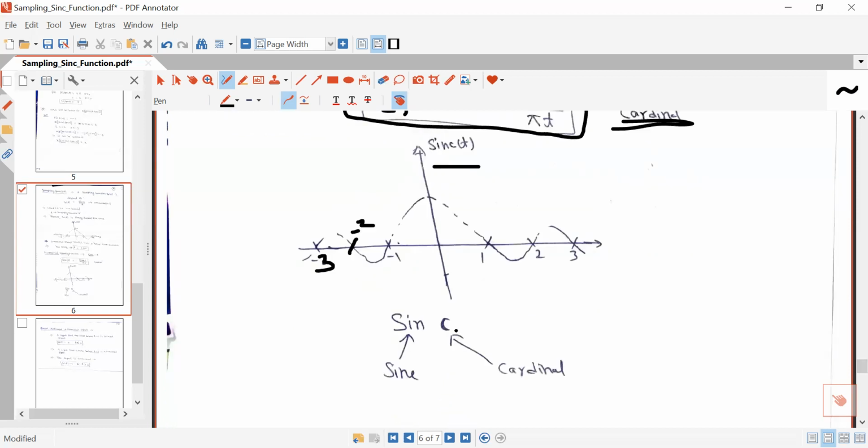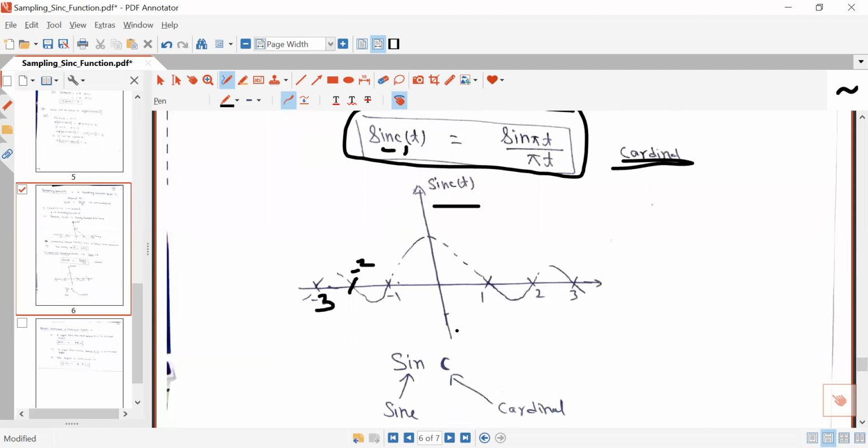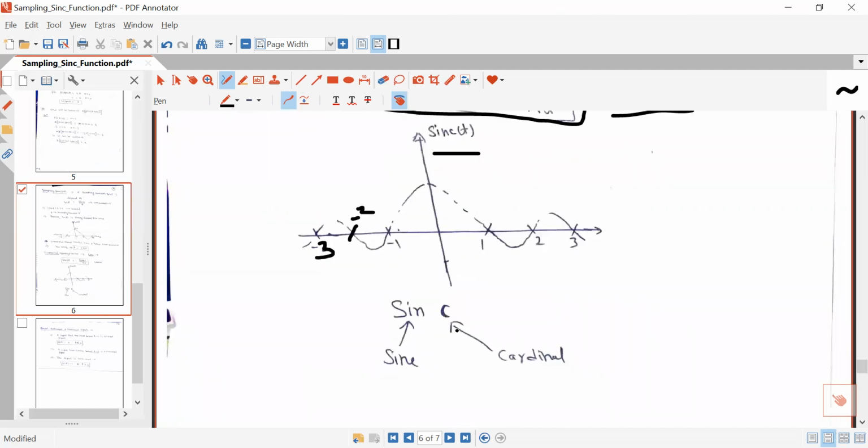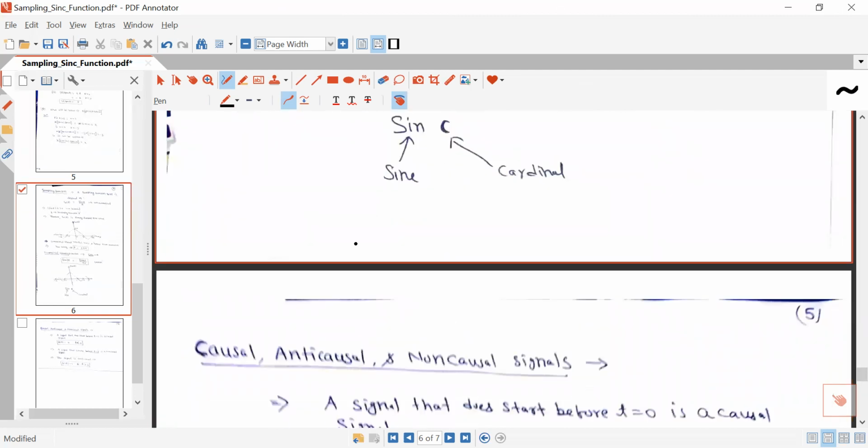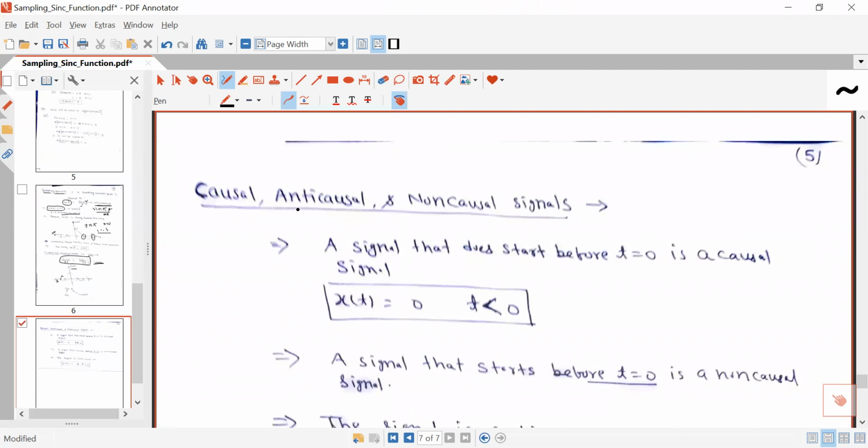In addition to these two important functions, there are some other important signals whose knowledge is also important: causal, anti-causal, and non-causal signals. Their definitions are very simple. You can easily understand their characteristics from these statements. For example, what is a causal signal?